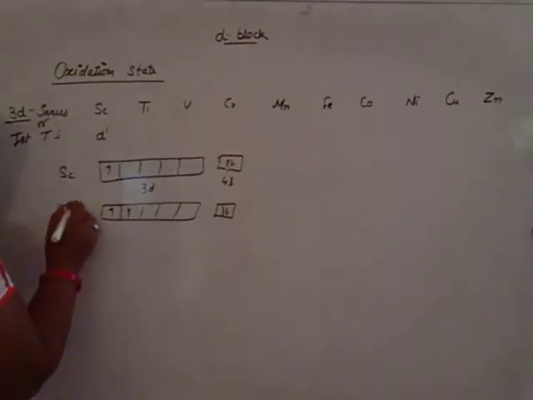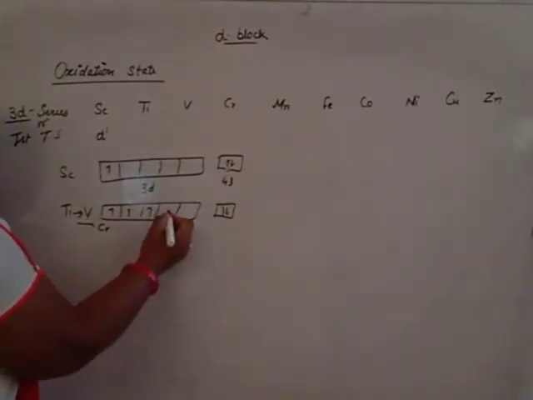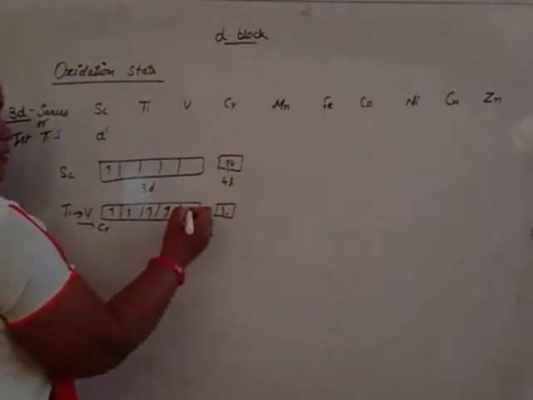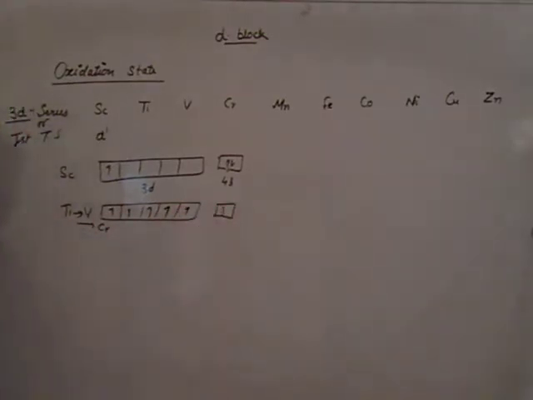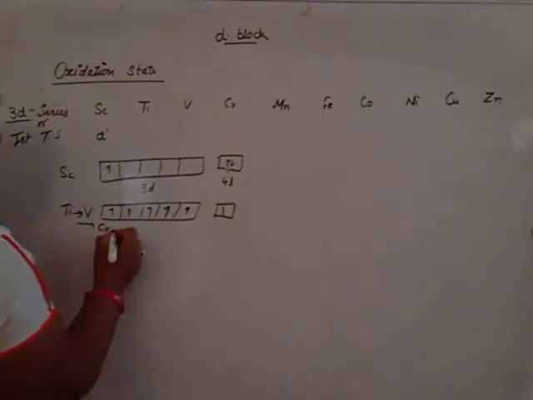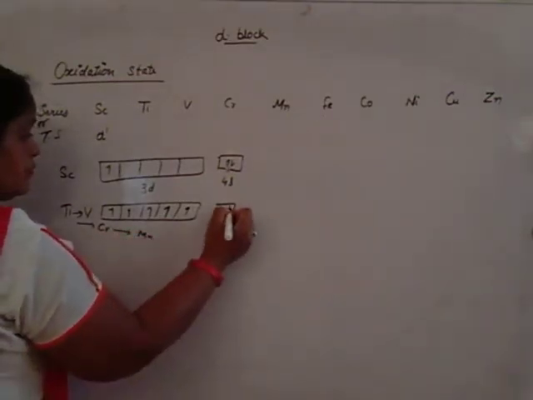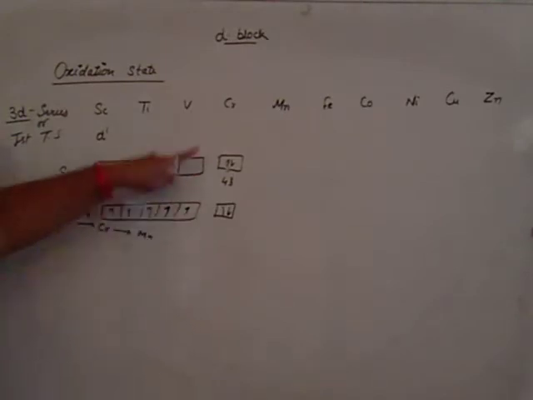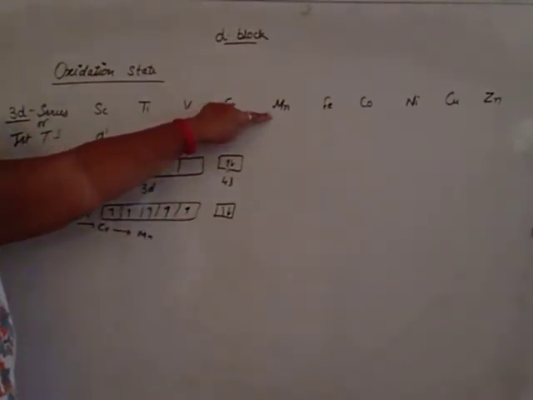When we move from titanium to vanadium, it is 3d3. To chromium, it is 3d4, but due to the stability factor it is 3d5 4s1. And at manganese, it is 4s2 3d5. The number of unpaired electrons increases in d orbital up to manganese.